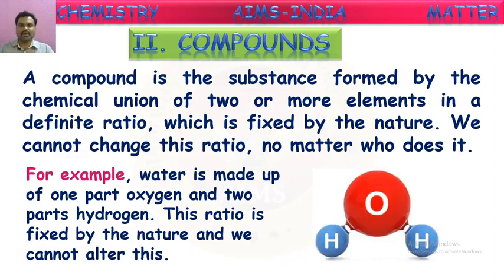This is fixed for water. However you form this water, wherever you collect it, from wherever you extract it, the composition of water will always be H2O. So in that way, for a compound, the chemical composition is always fixed and the elements are combined chemically in a fixed ratio. We cannot change or alter this composition for a compound.